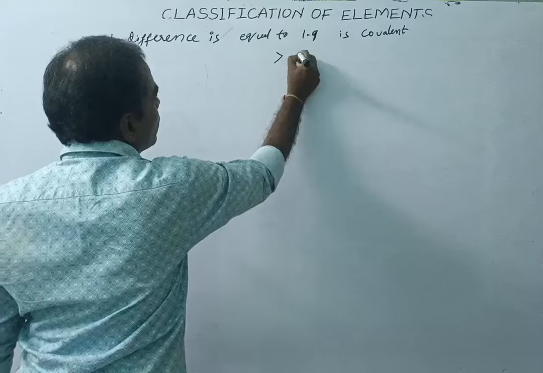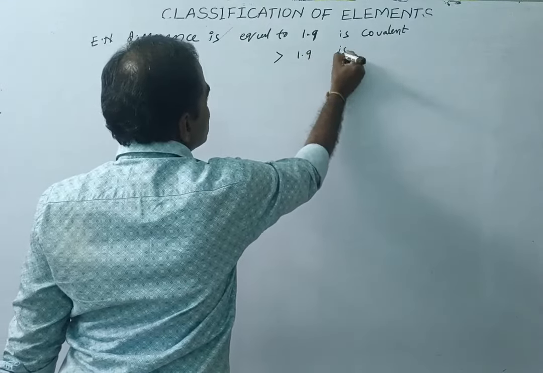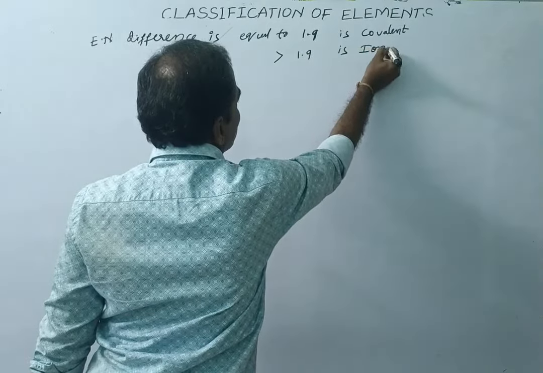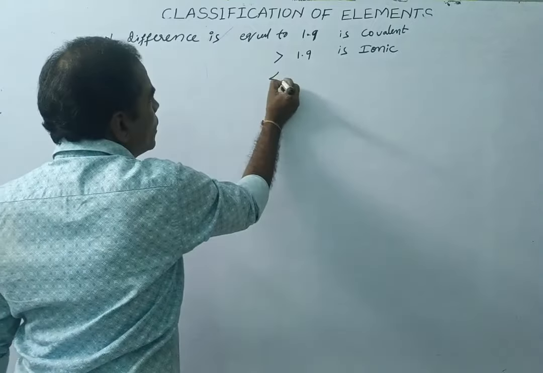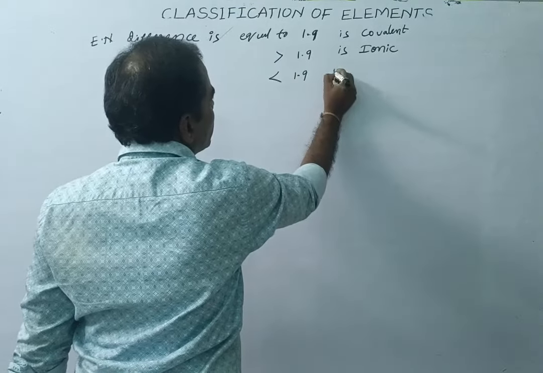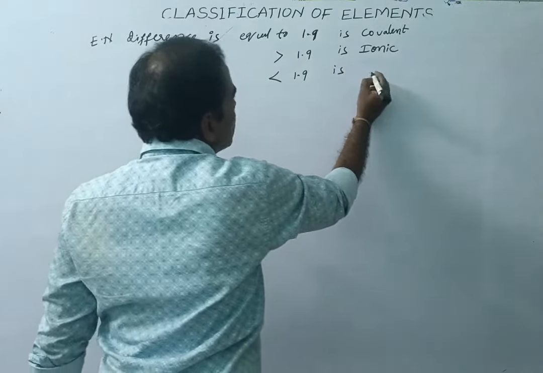Greater than 1.9 is ionic. Less than 1.9 is covalent.